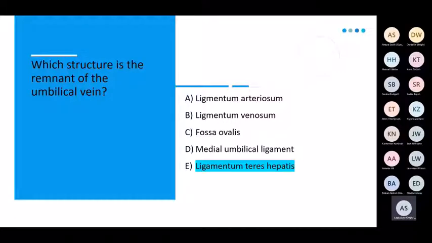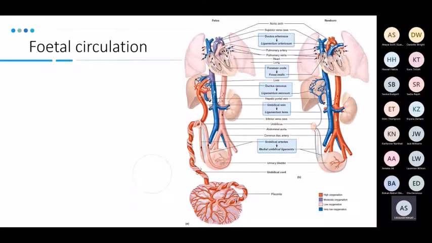Well done, guys. Just to go through a little bit of basic anatomy here. Your ductus arteriosus is this little joint between your pulmonary arteries and the aorta. That little bridge there is your ductus arteriosus, and that forms your ligamentum arteriosum. Then your foramen ovale is that little gap that you have, and that turns into your fossa ovale.